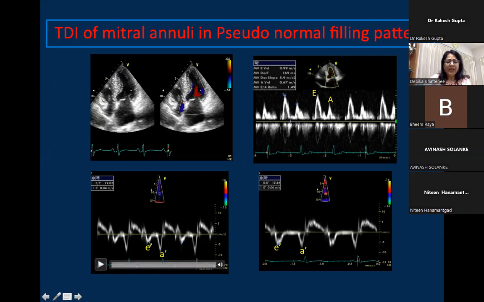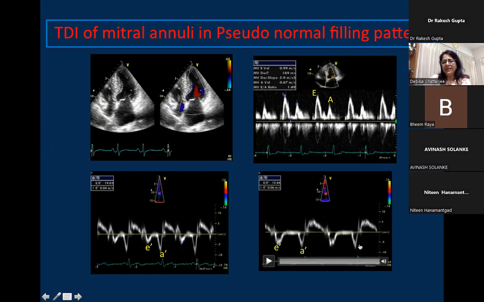Less filling is taking place during the early rapid filling phase as diastolic dysfunction sets in. So E prime is less than A prime. Without any maneuver, using tissue Doppler imaging, you can get this exact picture in the septal annulus as well as in the lateral annulus. Look, E prime is less than A prime.